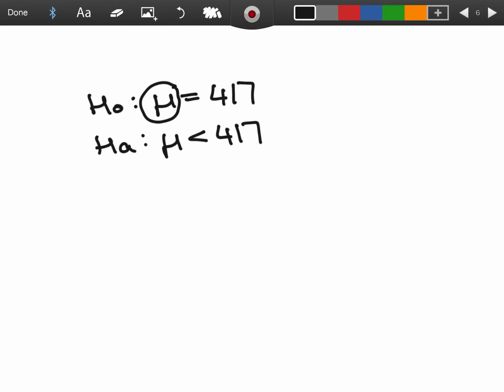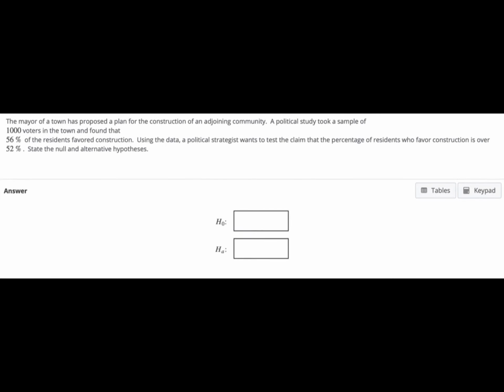So if we come back to here, for this one, your null hypothesis, he originally thought that it was going to be 52%. But from these 1,000 voters, he found that the proportion was actually 56%. So his alternative, he thought it was greater than. Always look at the wording of the problem and read the problem carefully. He said in this problem, he wants to test the claim that the percentage of residents who favour construction is over 52%.